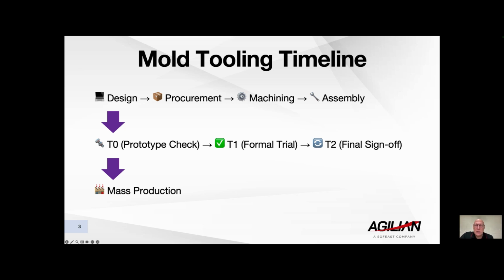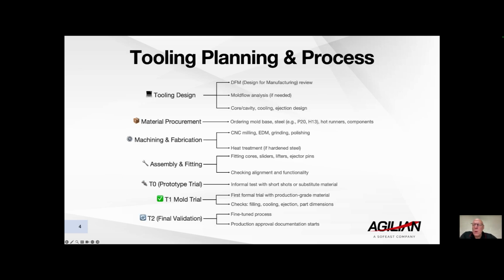Okay, right, so let's dive into a little bit more detail with respect to the planning and the process itself. So, the tool design. It's not just the design itself. We look at the actual parts and we look at the DFM, or design for manufacture, making sure the plastic parts have been designed correctly from a best practice point of view.